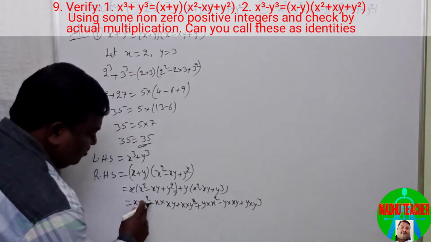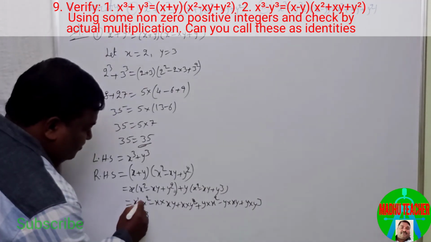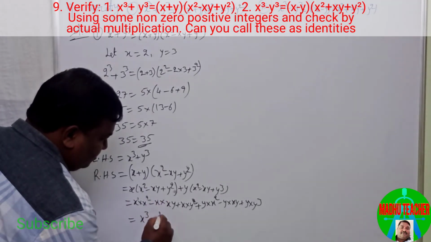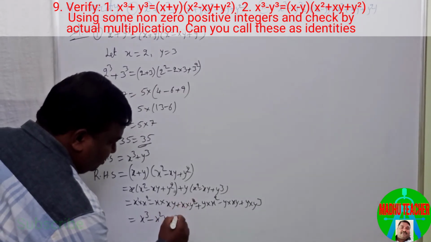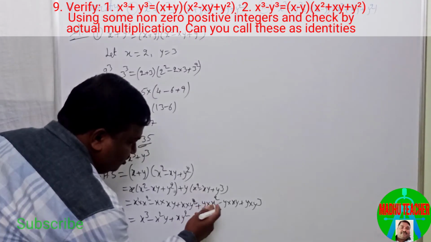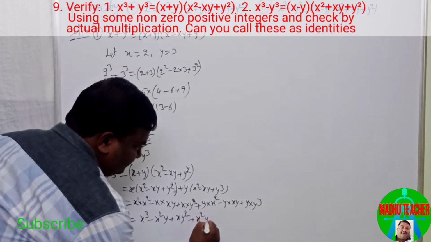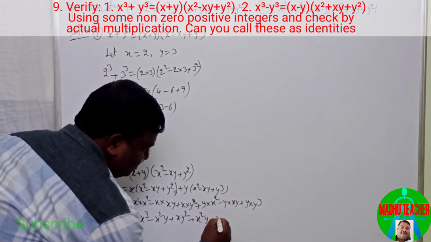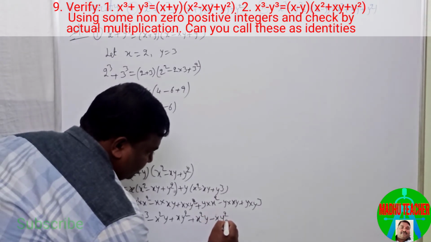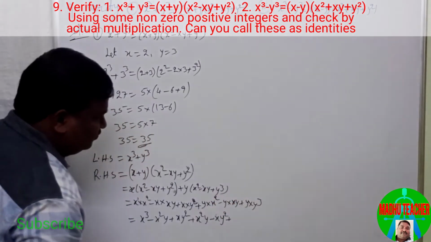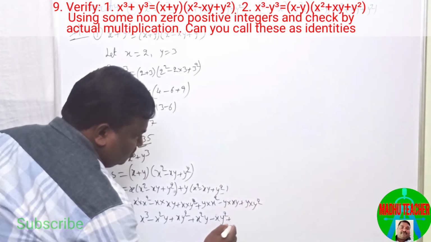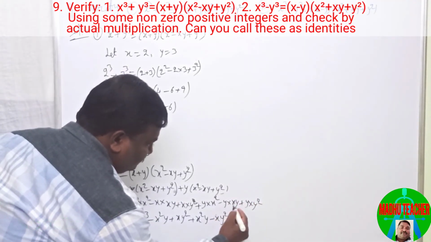So now x into x square is x to the power of 3. Bases are equal, so powers should be added, 1 plus 2, 3. Minus x into x square y, plus x into y square, xy square, plus y into x square. Or x into y square, both are same, x square y, minus xy into y square. Next plus y into y square, y cube.